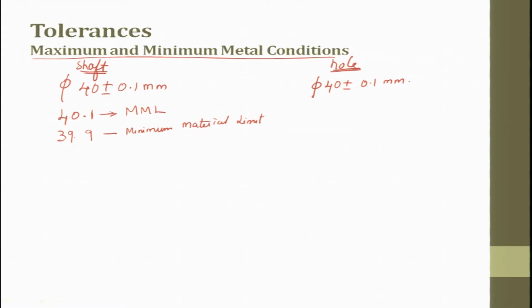Okay. So, let us take a hole. For the hole I get 40.1 and this is 39.9. So, when I say the hole size is 39.9, it is called maximum material condition, and when it is 40.1, it is called the minimum material limit.